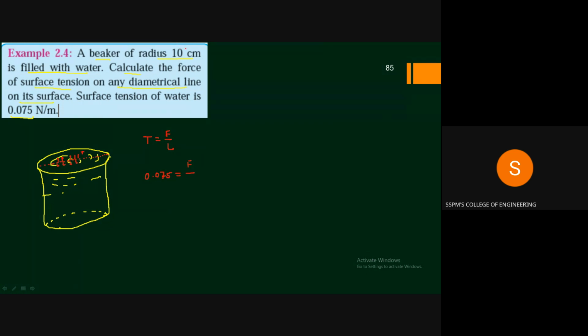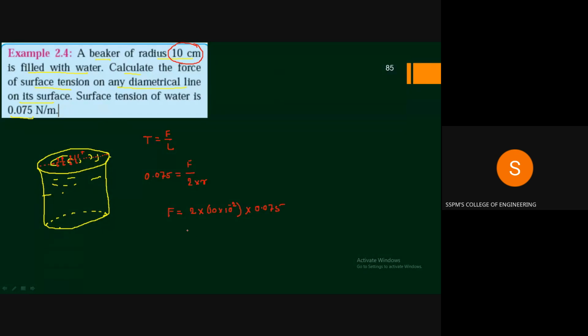So here radius is given, this is 10 centimeter, so length will be 2 into r. From this we can find out the force value. So F is equal to 2 into radius, 10 centimeter, which in meter is 10 into 10 to the power minus 2 meter, into 0.075.